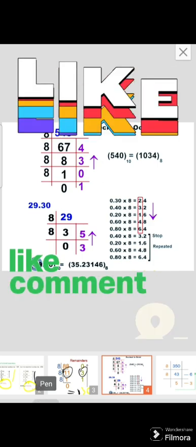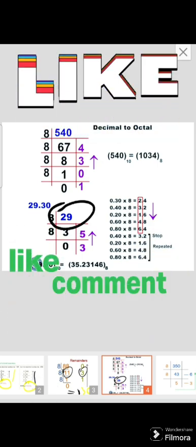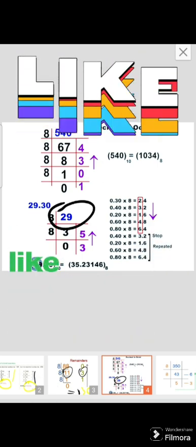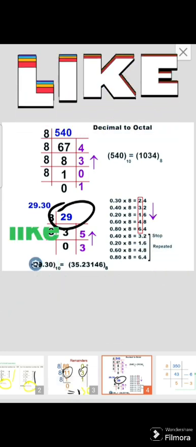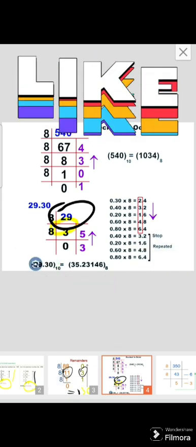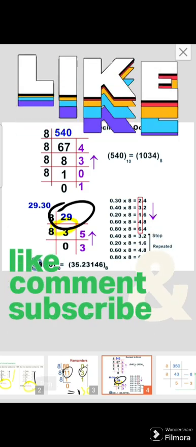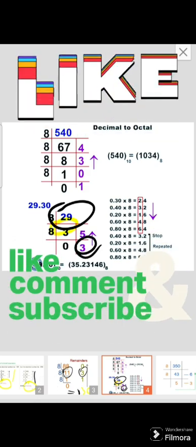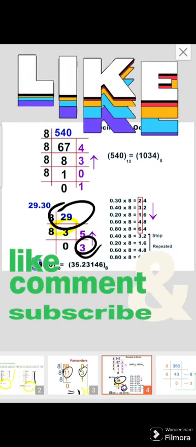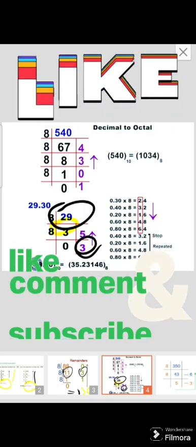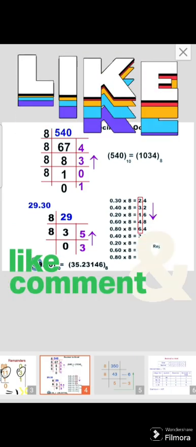Now we take 29, which is greater than 7, so we will divide by 8, we get 3, and the remainder is 5. Now as 3 is less than 8, the answer is 35. So one has to remember how to do it.